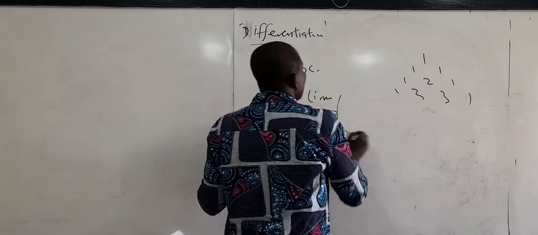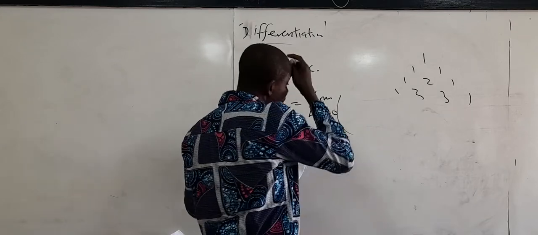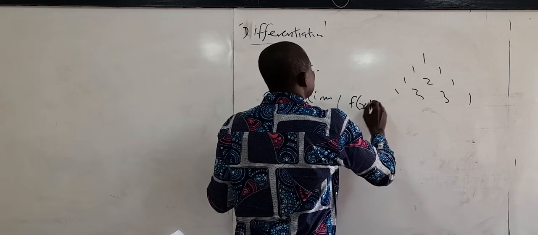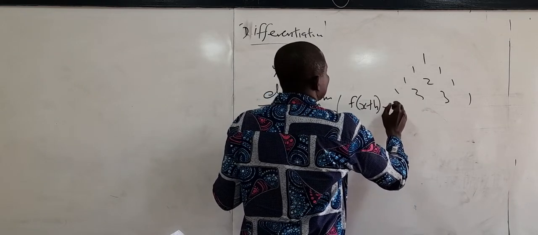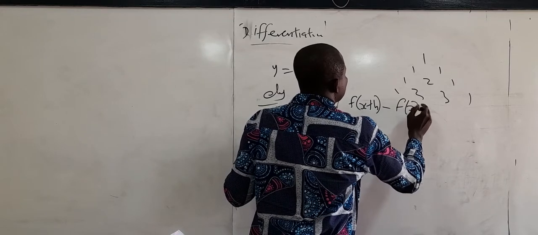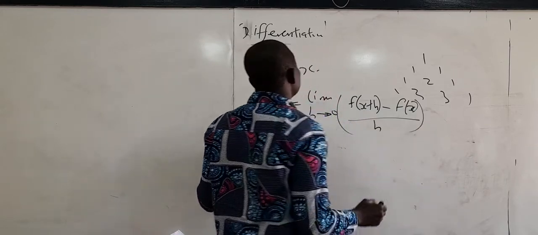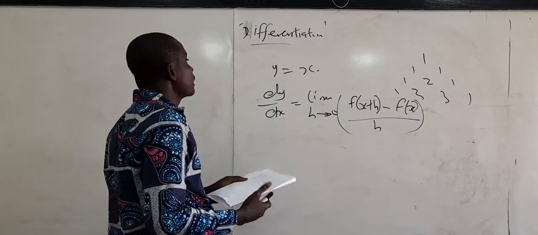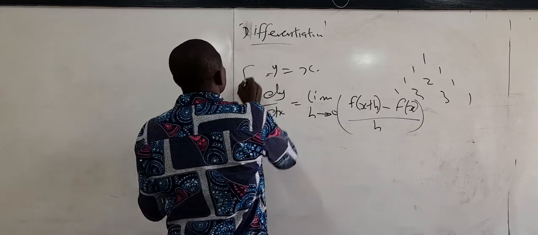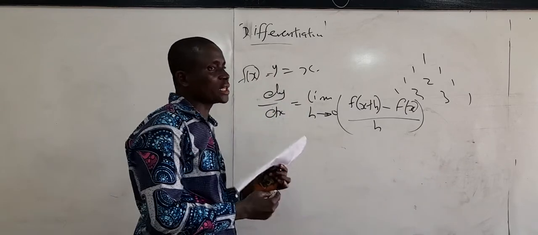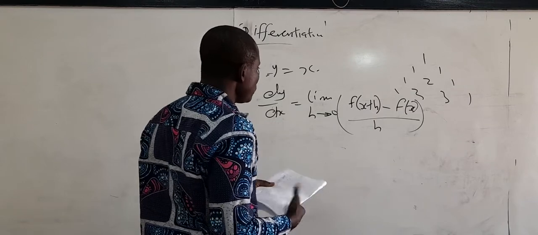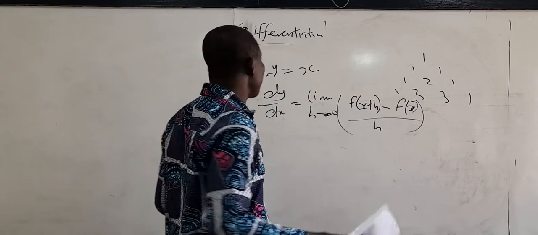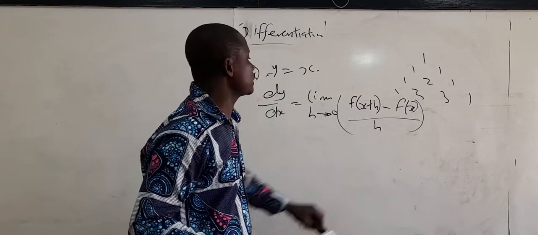I'm quoting the formula, then we move from there, okay? So here, I'm going to have f(x plus h) minus f(x) all over h. Don't let this one beat your mind. We are considering the original expression as well as f(x) is equal to y is equal to that. So if you happen to get this, then you say that the limit as h approaches 0, because we've already spoken to you about limits.